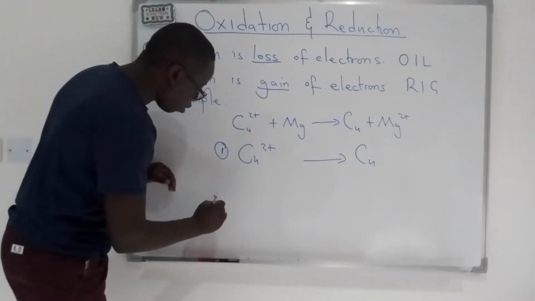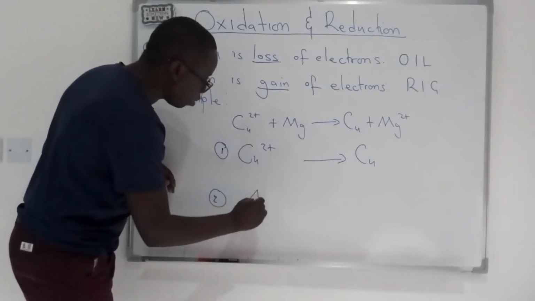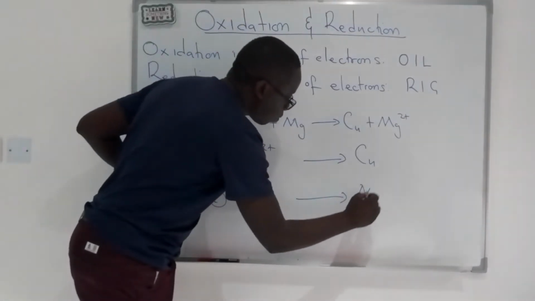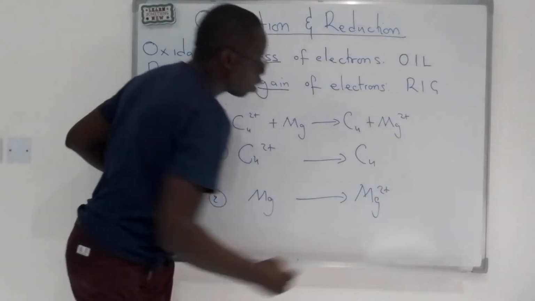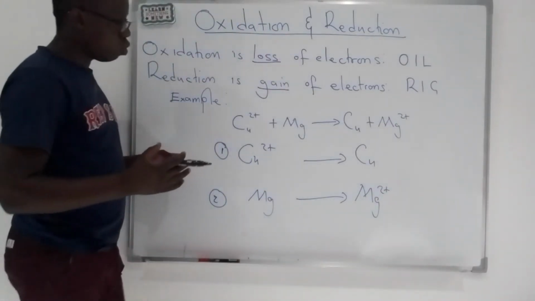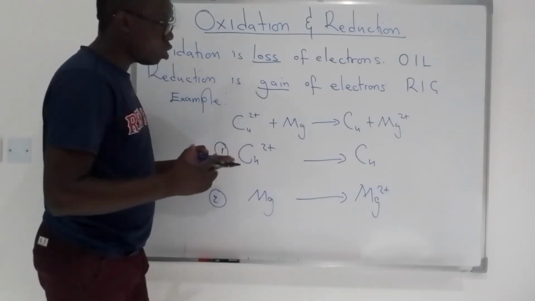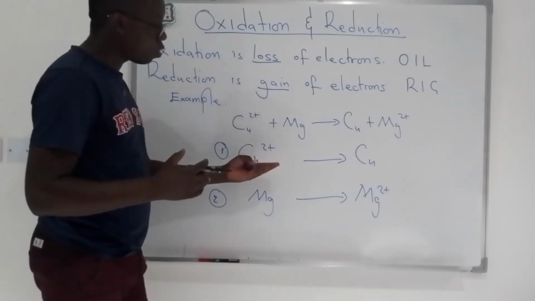Then we have the second one, which is magnesium. It is becoming a magnesium ion.